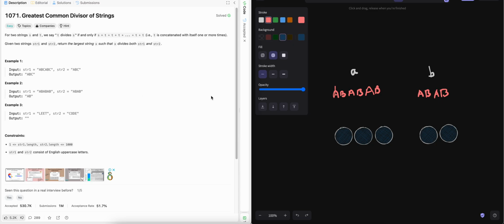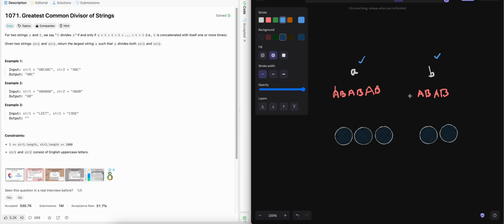Now let's try to understand how we can actually solve this problem. Look at the right hand side. We have been given two strings, let's say a and b. To solve these types of problems, we have to assume something: let's assume that what's being said in the problem is correct.